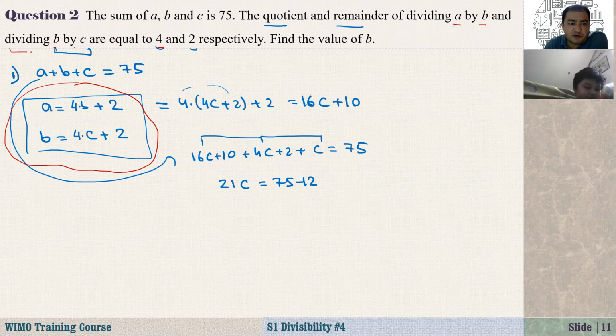If you just close this part and read this: the quotient and remainder of dividing A by B is 4 and 2. What do you understand from here? That means that if you divide A by B, the quotient is 4, remainder is 2. How do you write this? That's equal to 4 times B plus 2. And the second part, again, the same thing. If you divide B by C, the quotient is 4 and the remainder is 2.